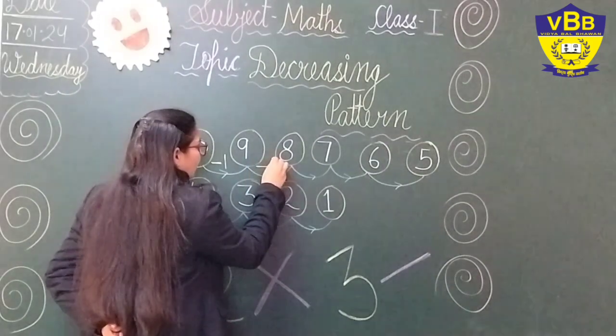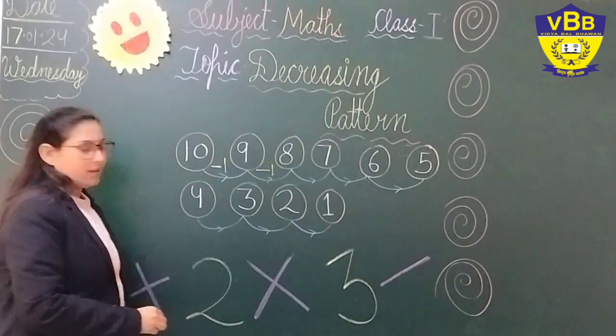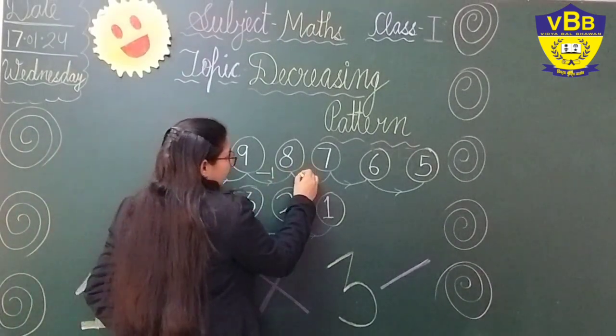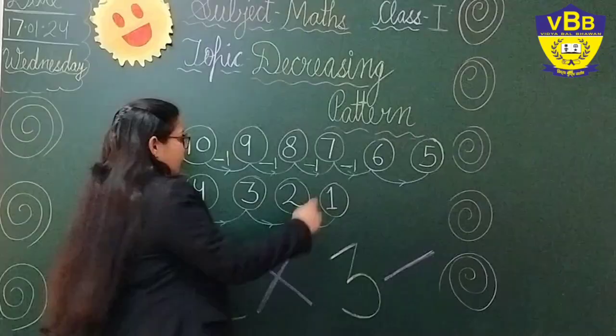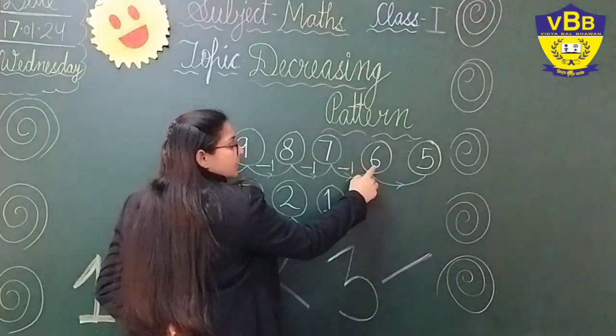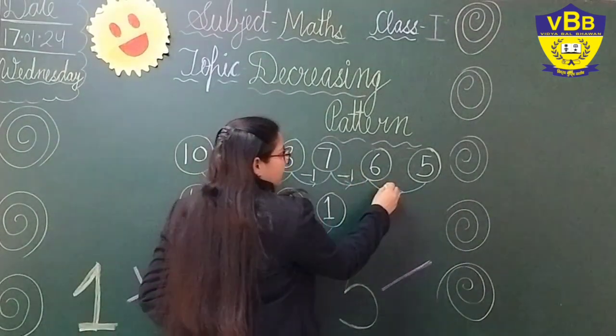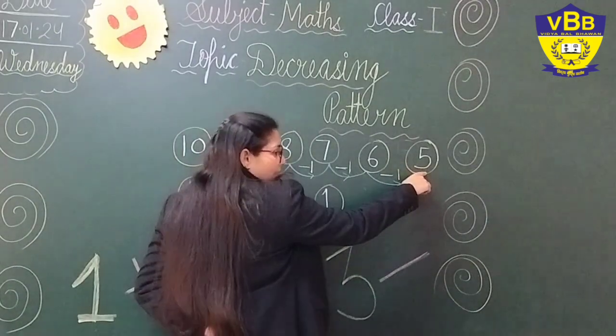After subtracting 1 from 9, you get 8. When you subtract 1 from 8, you get 7. When you subtract 1 from 7, you get 6. And when you subtract 1 from 6, you get 5.